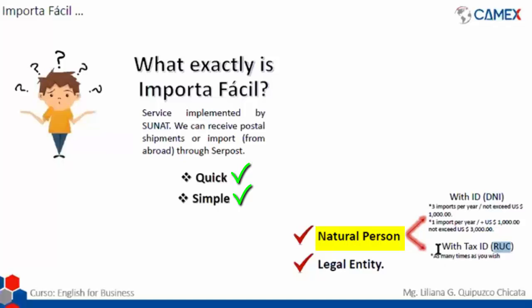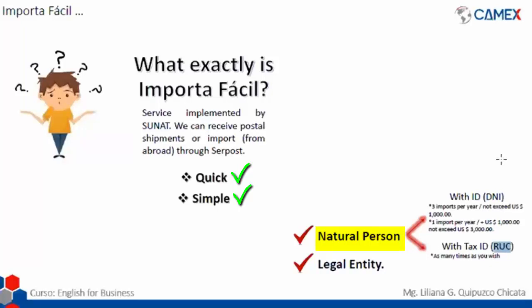But you could be just a natural person and import. That's okay. It is good. SUNAT and Serpost are going to allow you to import, even if you don't have a legal entity. You could be just a person that has their own little store, working as a natural person with a store, with a company in this case.